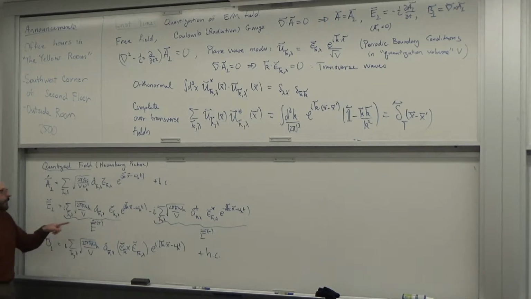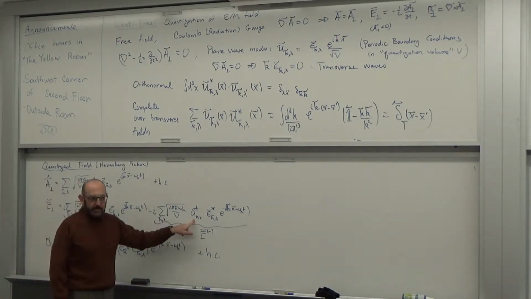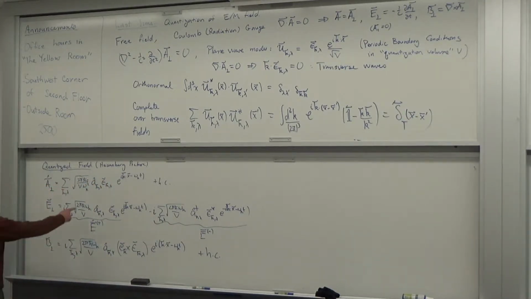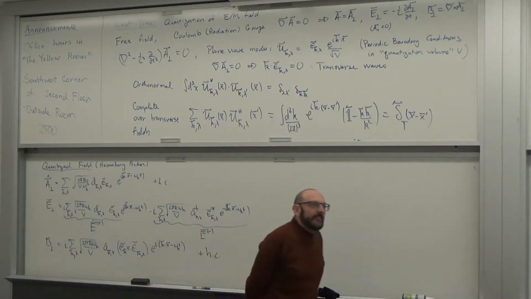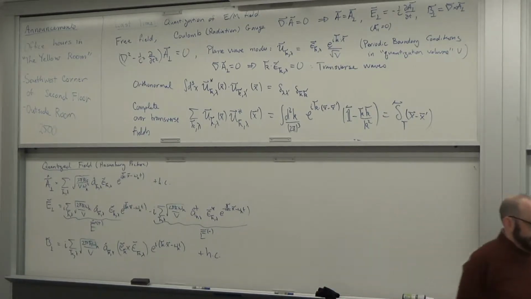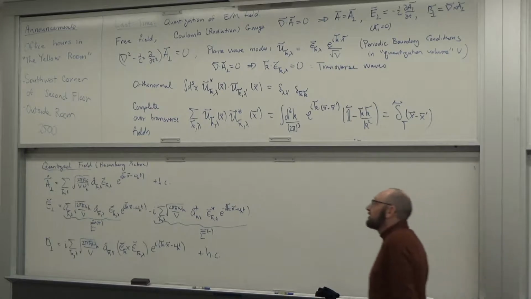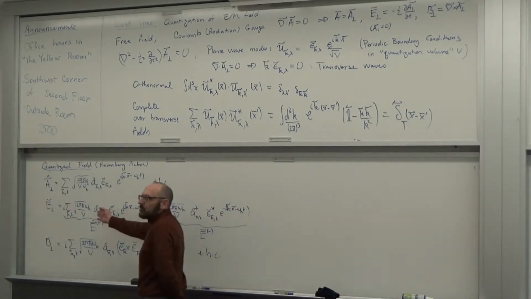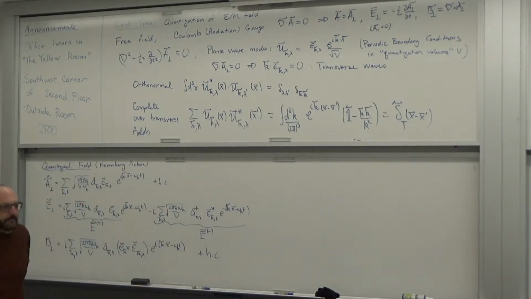So there is a part that has the annihilation operators and a part that has the creation operators. And this is the characteristic scale of the electric field, given a photon that has energy h bar omega. The electric field associated with that photon is the square root of h bar omega over the volume in which it's confined.